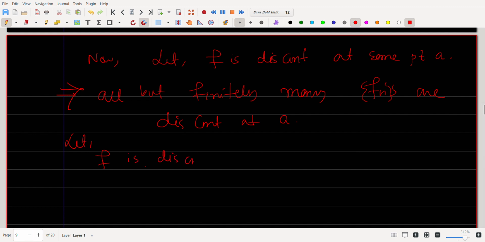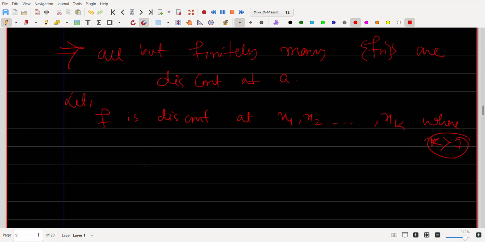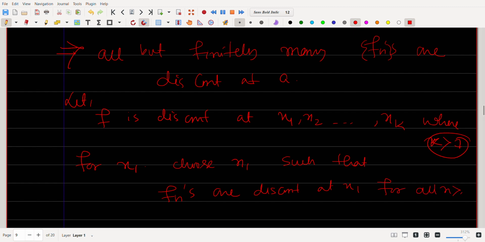So let f be discontinuous at x1, x2 up to xk, where k is greater than 7. Fine. Now for x1, choose n1 such that fn's are discontinuous at x1 for all n greater than or equal to n1.